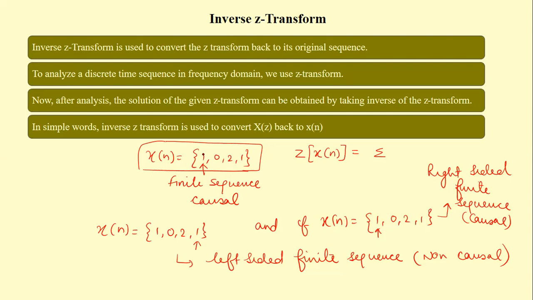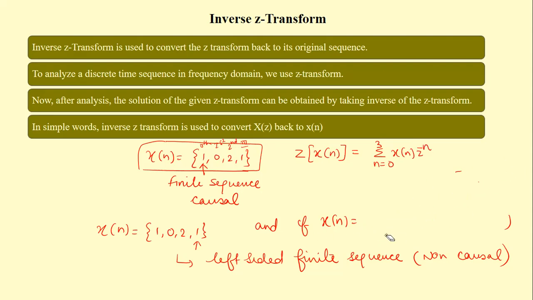So this one is the zeroth sample, this is the first sample, this is second, and this is third, right? So that means here n starts from 0 to 3, and we have xn z raised to the power minus n, right? So this is how we will take this one.